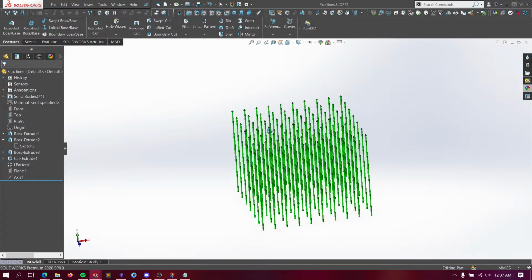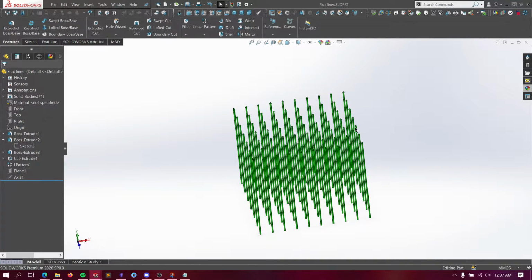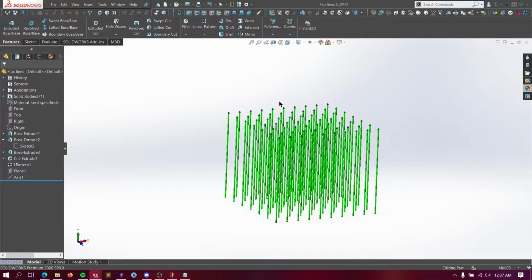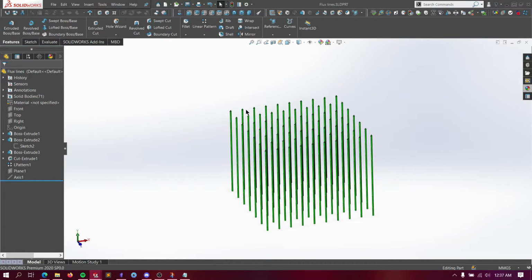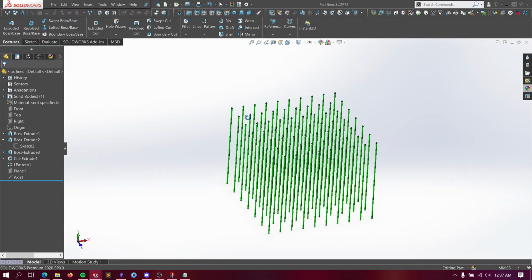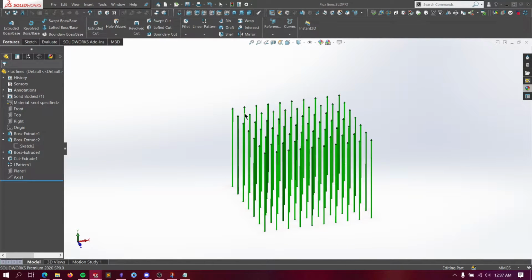Now, the magnetic field has some strength, I don't know what it is, and it just goes out in space. Now, the magnetic flux aims to describe how many magnetic fields are in a unit area.